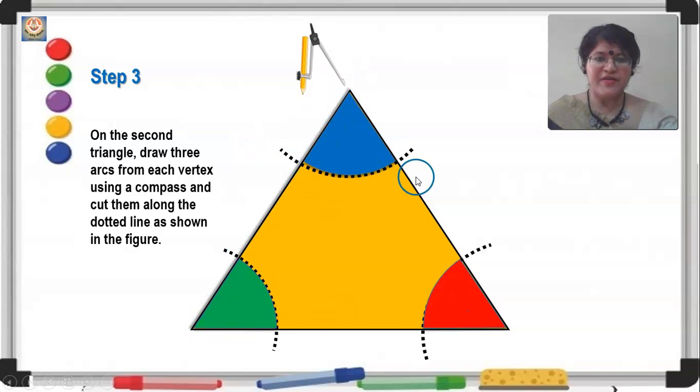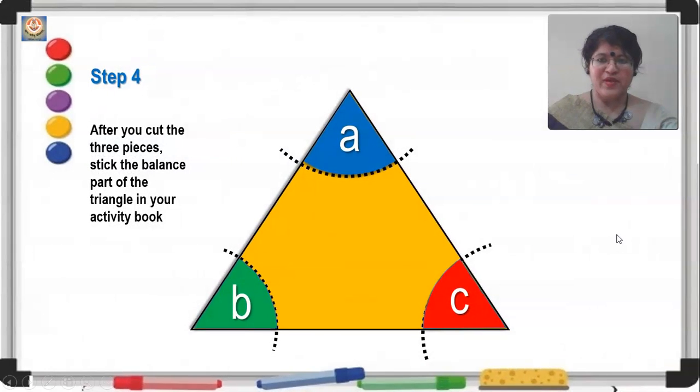So this entire region, color it and let us name it as A, B and C. So they represent the angles of this triangle. So this is an important step. Draw 3 arcs without changing the distance and name them as A, B and C.